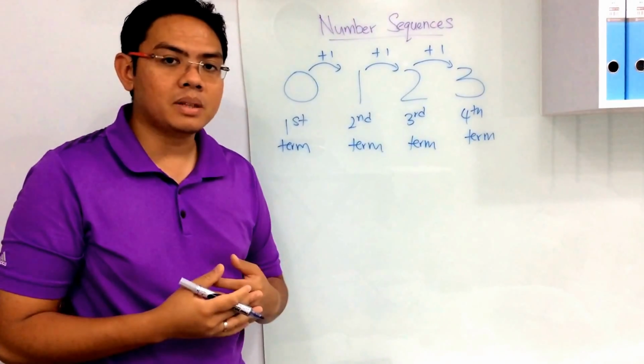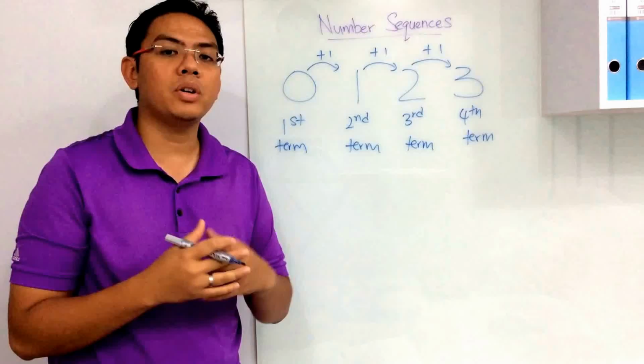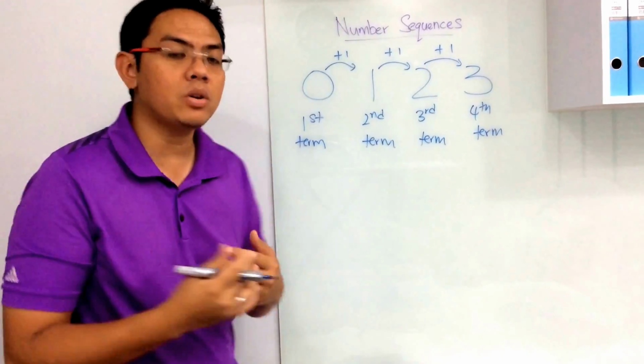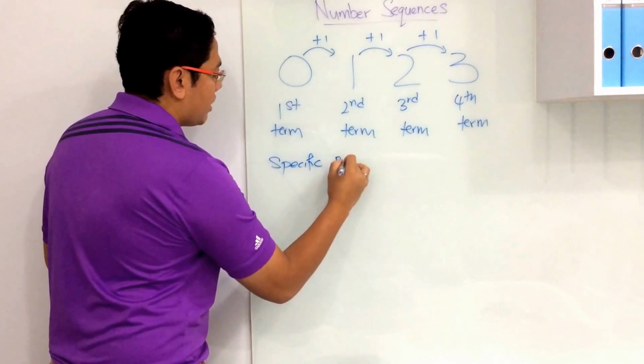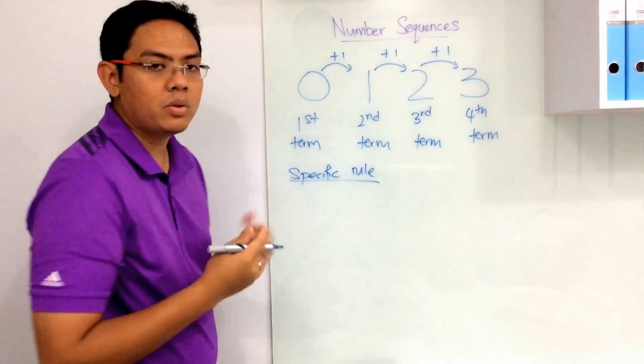In this chapter, it's good for you to come up with a specific rule. What is this specific rule all about?